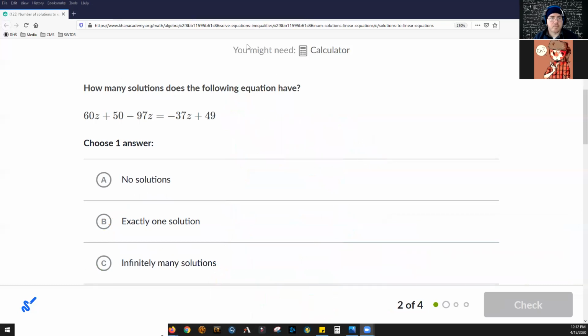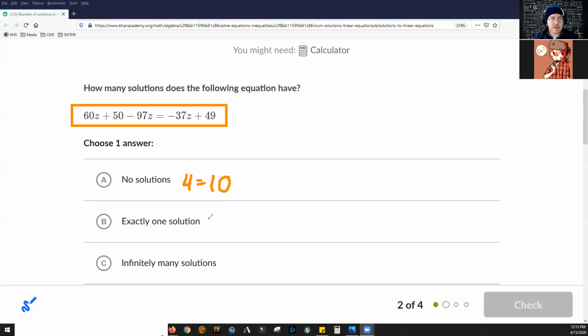Let's try this one. I want you guys to take a stab at it without much help from me, and then I'll educate you if you have questions. And just as a reminder, no solutions, you'll get something like 4 equals 10, something that is just never true.